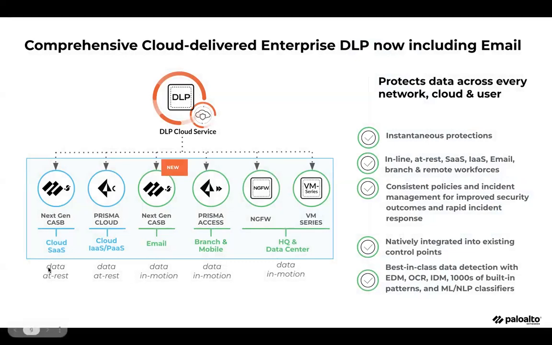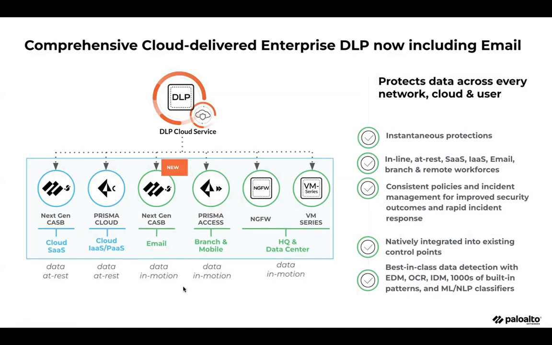So for data at rest, we have our Next-Gen CASB solution that supports over 27 different connectors, such as the likes of AWS S3, Google Workspace, G Suite, Office 365, Salesforce, ServiceNow, Jira, Confluence, and Slack, and quite a few other connectors over here that looks for data at rest. And then on the Prisma Cloud side, we have S3, Azure Storage, GCP Cloud Storage, and everything else that you're able to configure for data at rest DLP.